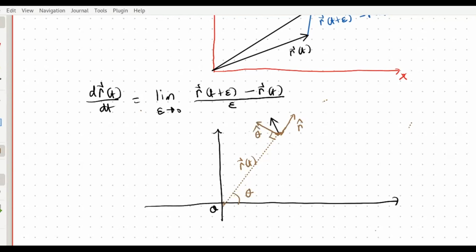Depending on where you are, the unit vectors describing the motion will change. Someone asked, what if you are at torque?